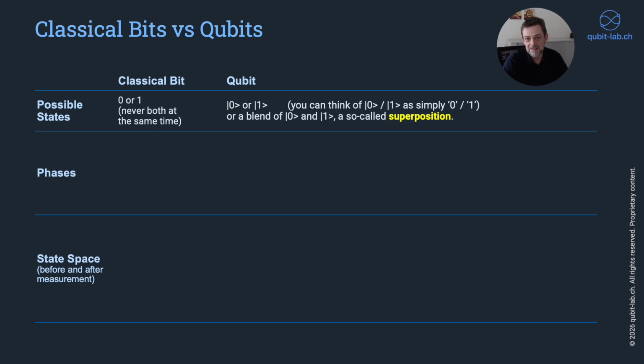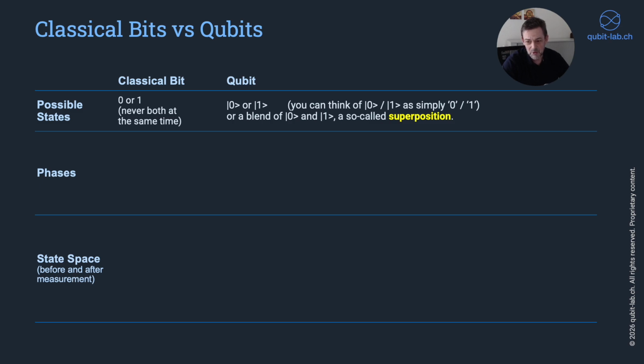Let's compare classical bits and qubits for a start. If you look at the possible states, a classical bit can be 0 or 1, never both at the same time, just 0 or 1. A qubit can be 0 or 1 or a blend of it. So it can be half 0, half 1, something like that, in a so-called superposition.